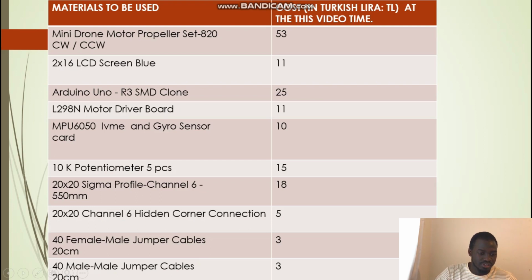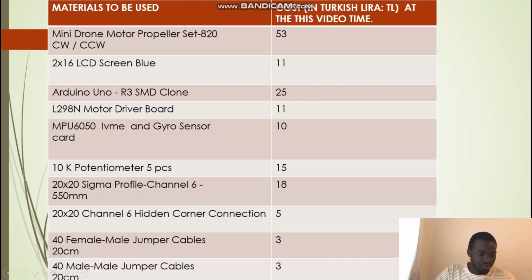MPU 6050 or gyro sensors are also useful. It collects the feedback data, like the angle. It measures the angle and sends it to the reference, like in the comparator, and it compares the value.